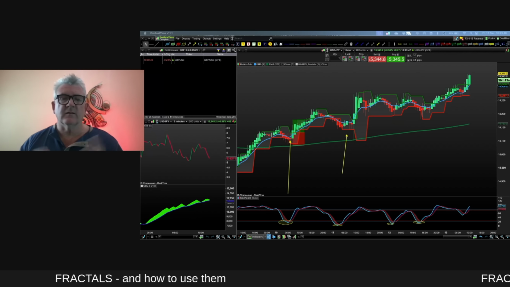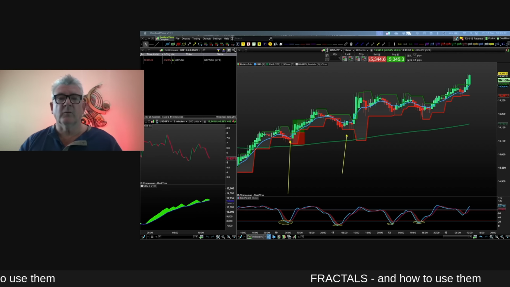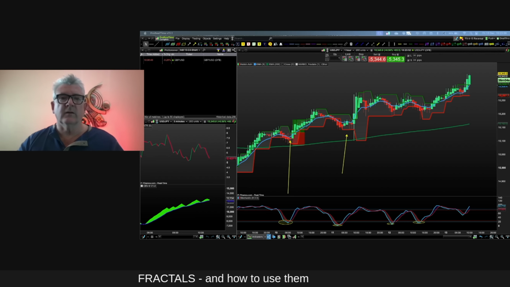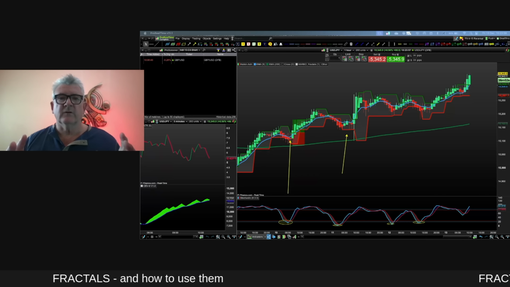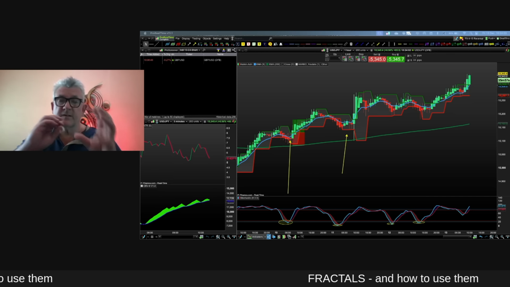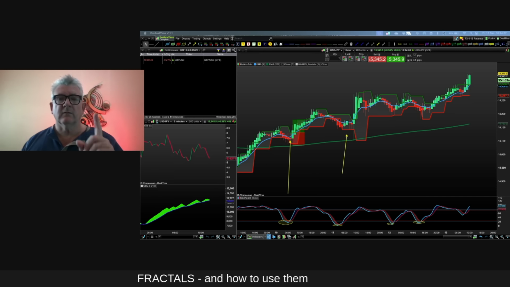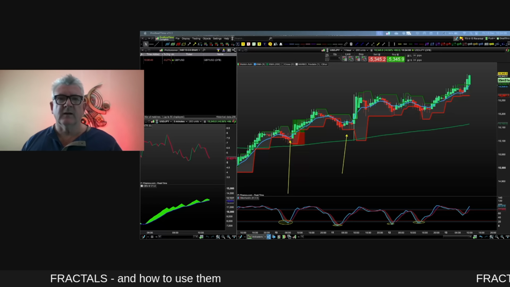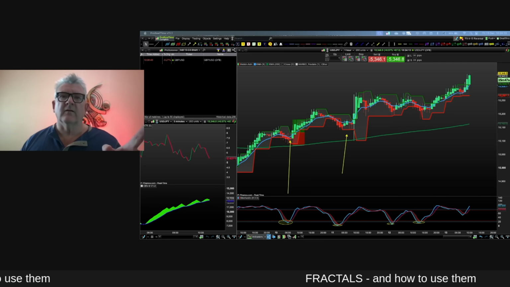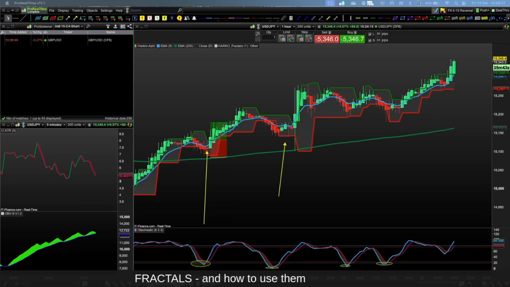That is suicidal or just tantamount to gambling. Do not trade the open at 8 o'clock looking for a fractal break, or the 2:30 in the afternoon in North America. We just don't do that. We have systems for trading the open, trading the gap, but do not trade an economic announcement or a market open. It takes away your edge completely. So remember that.